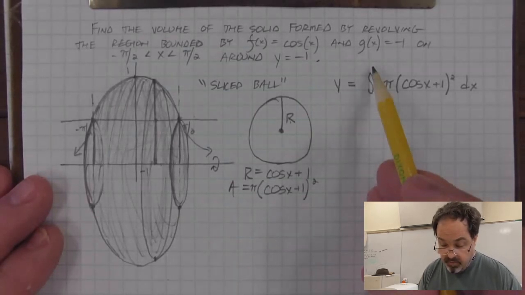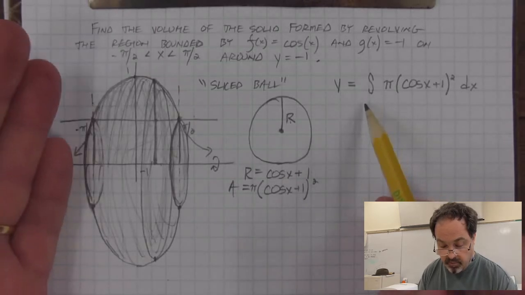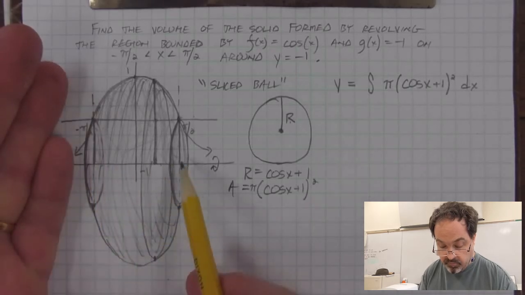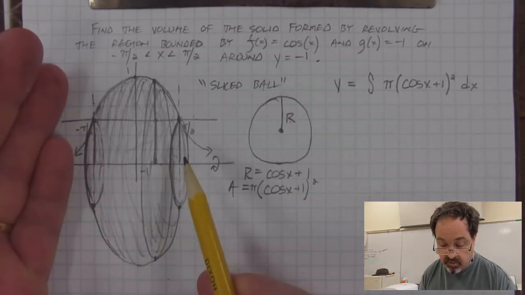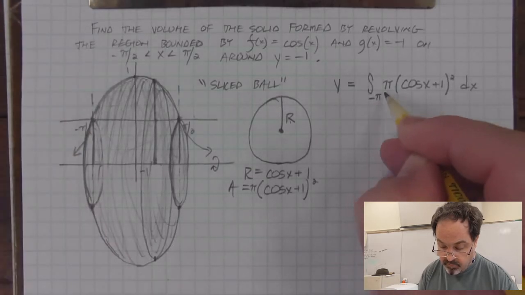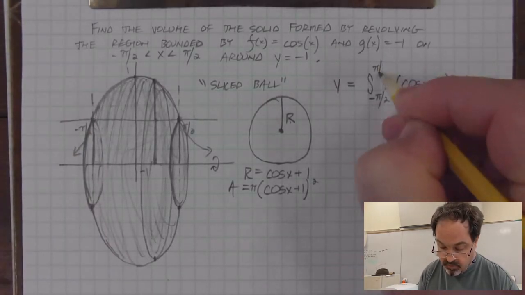I have bounds of integration because I'm going to start creating disks at -pi/2, and I'm going to stop summing up disks once I get to the last one at pi/2. So the bounds of integration are -pi/2 to pi/2.